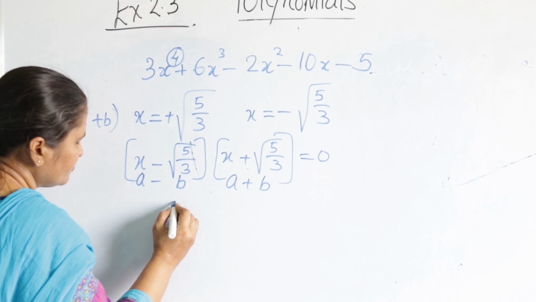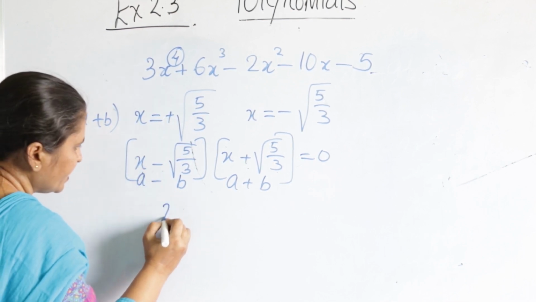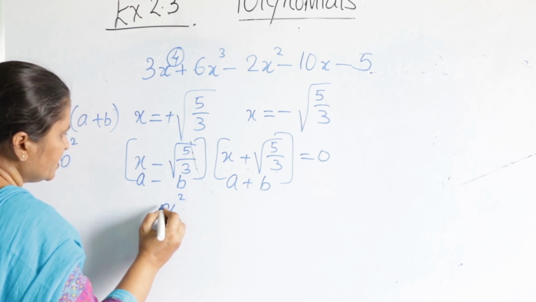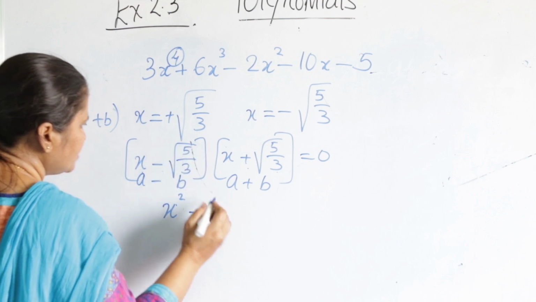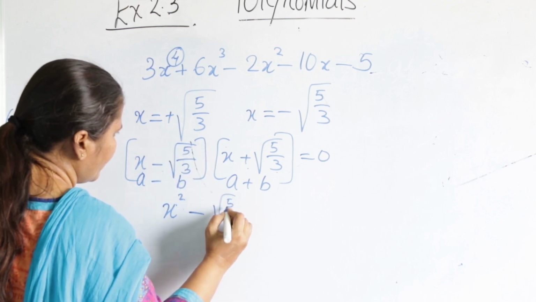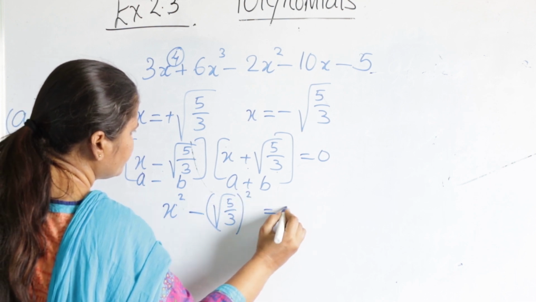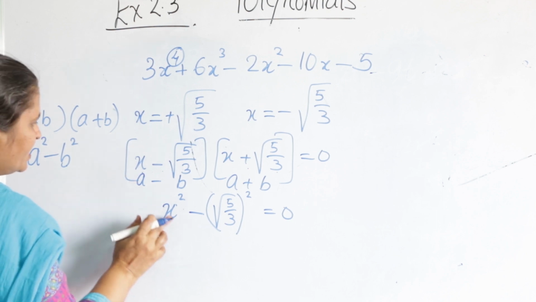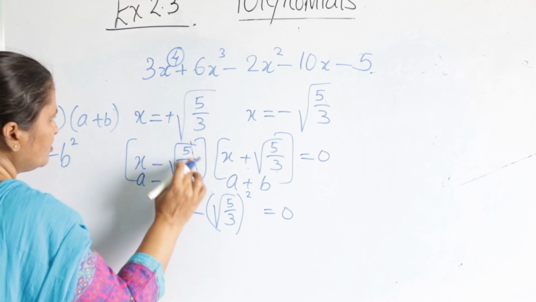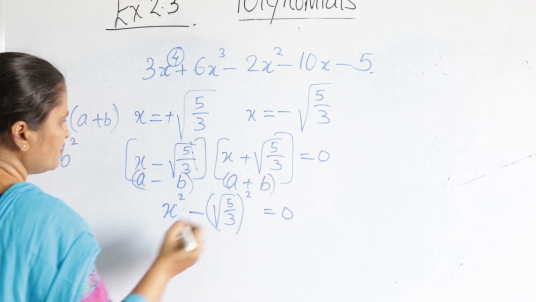So we will say a square minus b square. What is our a here? x, so this is x square minus b square, where b is root 5 by 3. Our a is x and b is root 5 by 3. This is the a minus b, a plus b form.